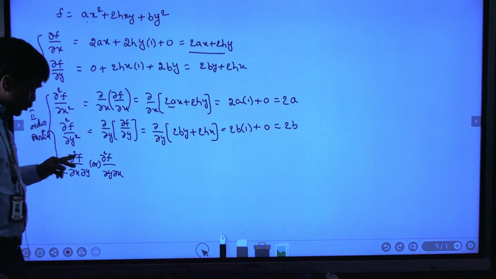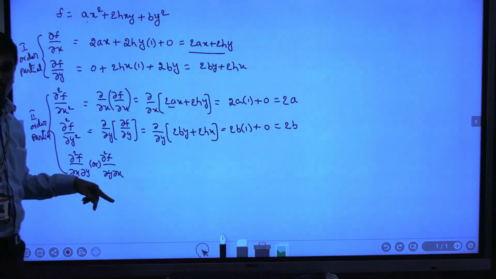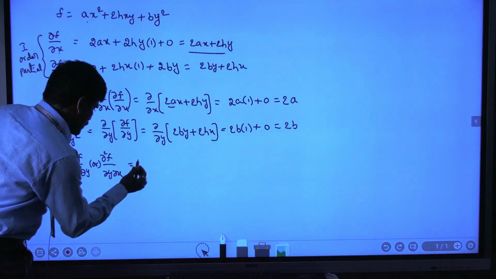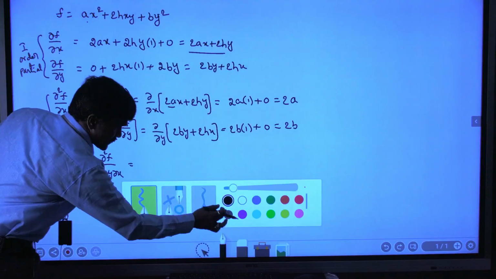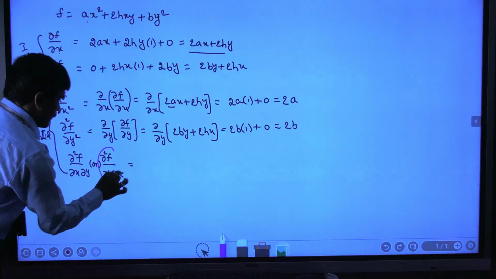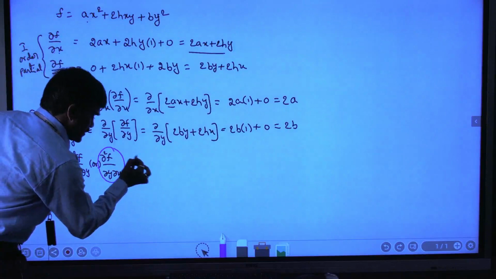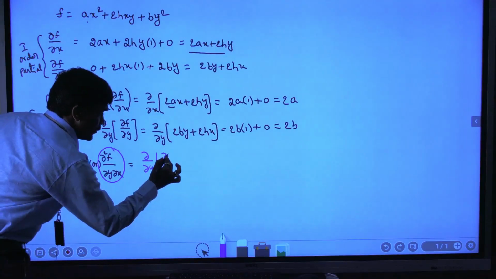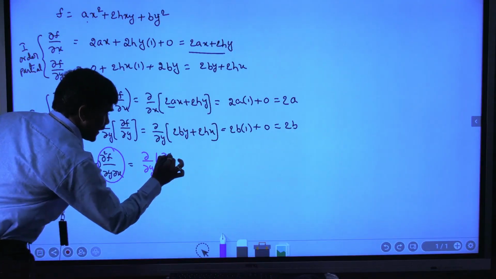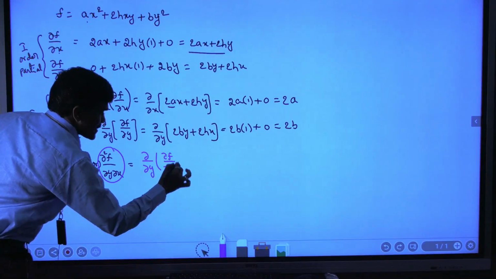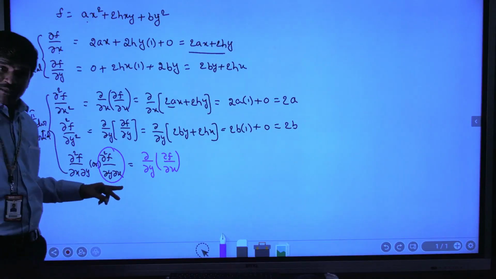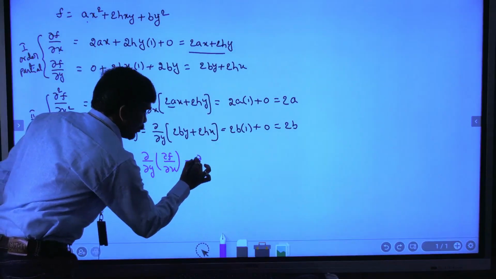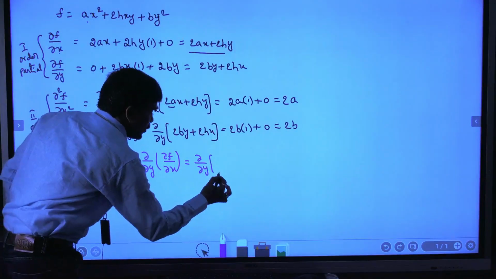Now calculate dou square f by dou x dou y and dou square f by dou y dou x, right? First of all, consider this one. Dou square f by dou y dou x can be written as dou by dou y of dou f by dou x.